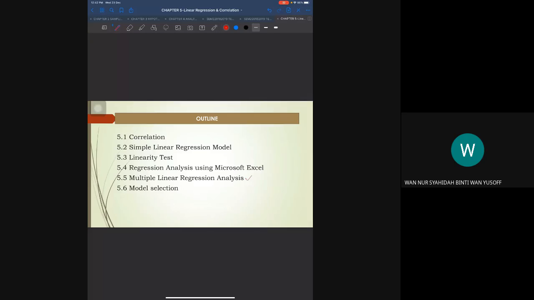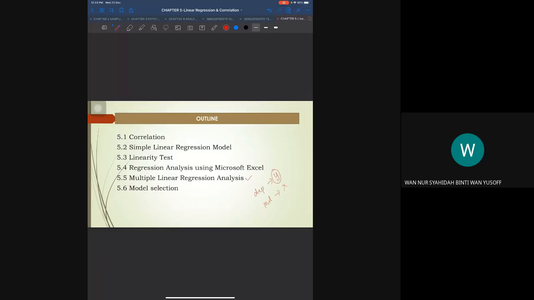Dependent variable is denoted by y. Y is always single, in multiple regression too.